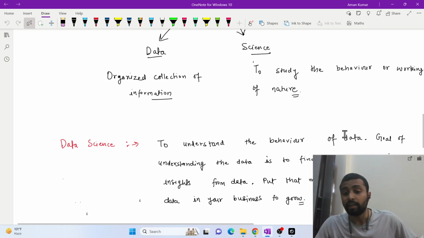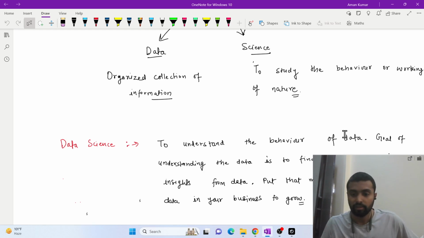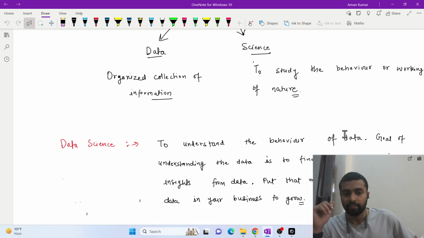And you must have heard the name computer science. What is the meaning of computer science? To understand the behavior of the computer, how the computer works and why it works. When you ask such questions and analyze those questions, it means that you are using science to understand the computer. So this is the meaning of science.